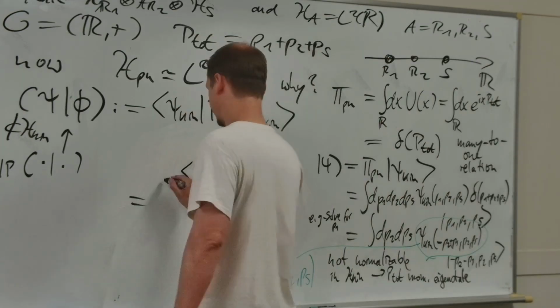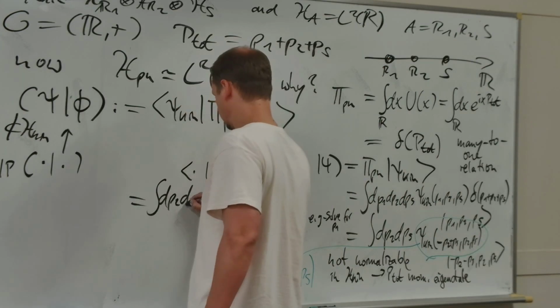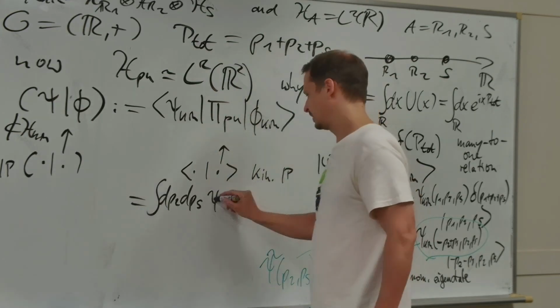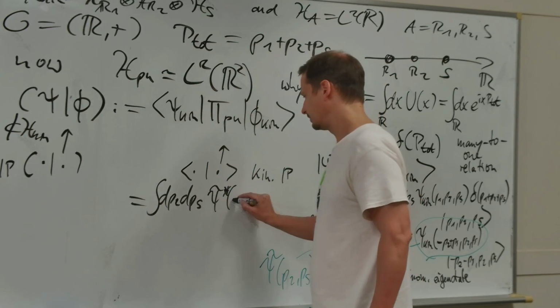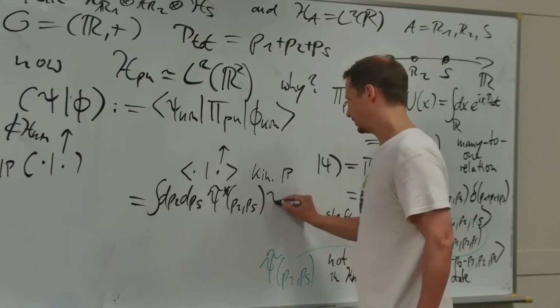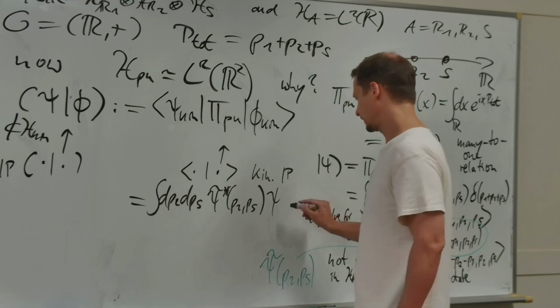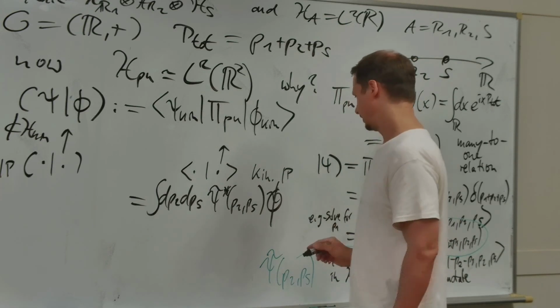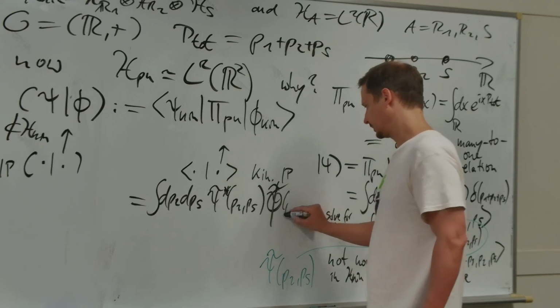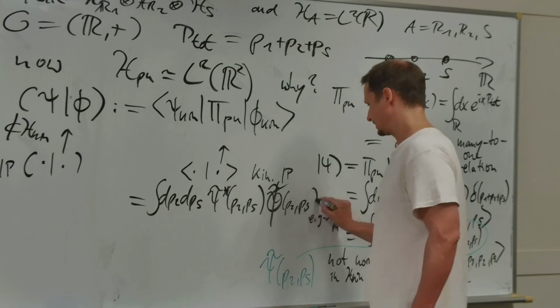What you will get here is dp2 dps, and then a psi tilde star of p2, ps and a phi tilde. Yes, so that's what you will find.